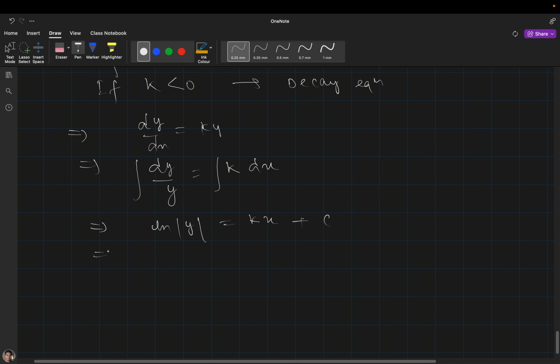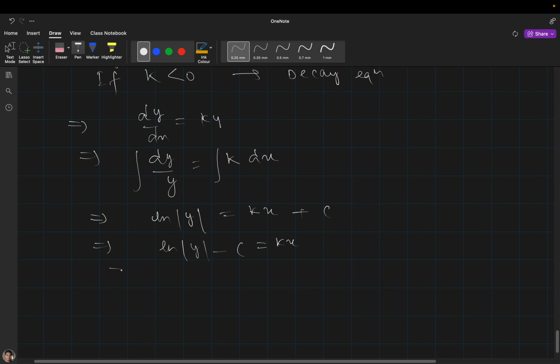Now I can also move this c here, and write minus c as another constant, suppose ln lambda, or you can also assume ln y naught. I'm just replacing minus c, which is a constant, with ln y naught.